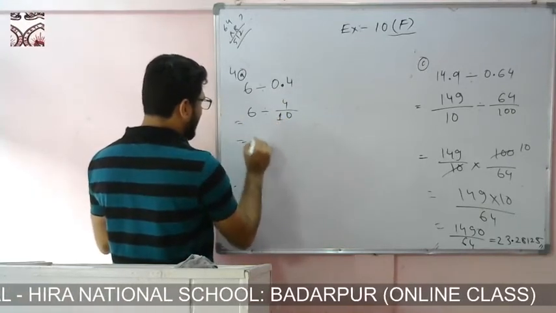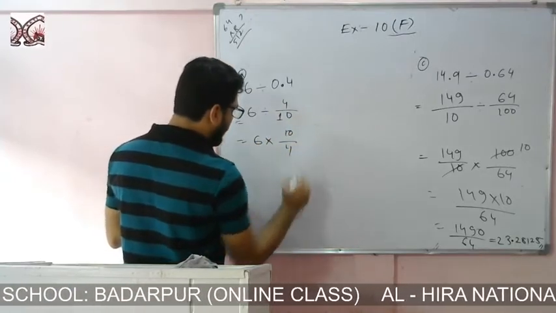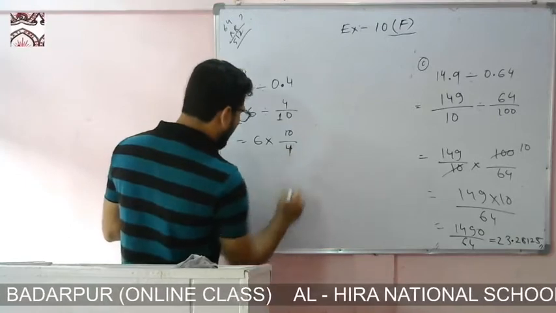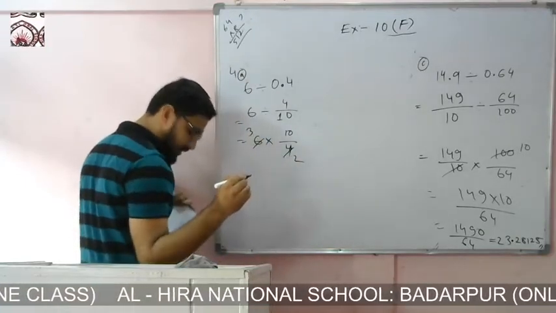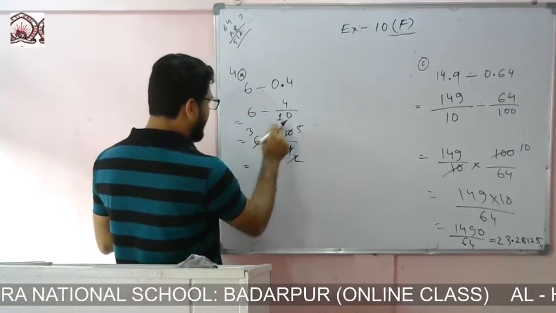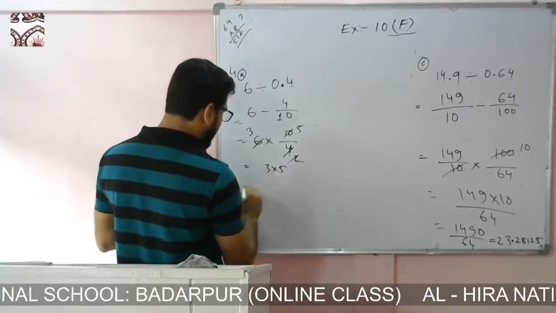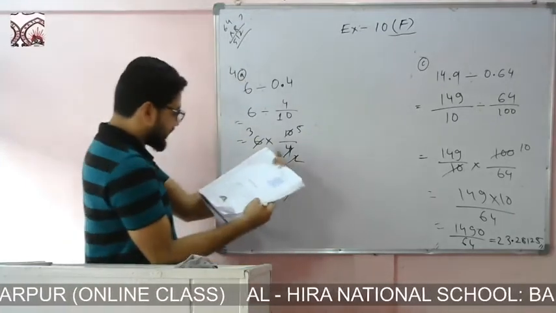Then I can write what? 6. We'll interchange the fraction, 10 by 4. Okay, now you see 2 2s are 4, 2 3s are 6. Again 2 5s are 10, and 3 into 5, that means 15. Okay, 15 is the required answer.